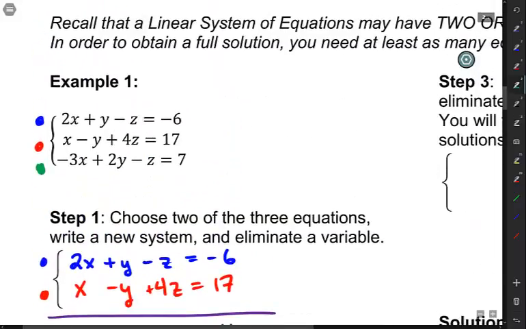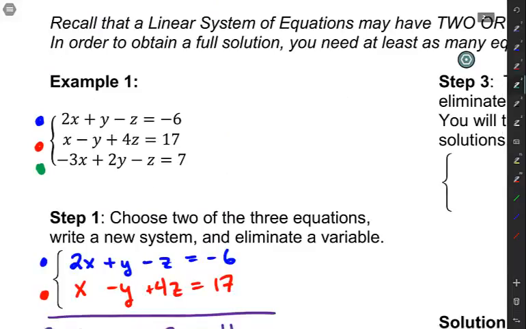All right, coming back up to the top. How are you going to combine green with something else to drop out the same variable again? Stephen, give me any thoughts? I want to drop green out and I want to drop out the y's. Do you want to use the red or the blue? The red. Okay, because you have a negative y there with a positive 2y. So what are you going to multiply your red by, Stephen? I completely agree. 2.